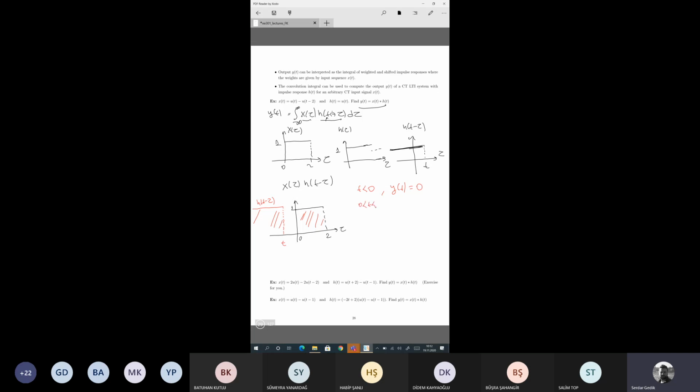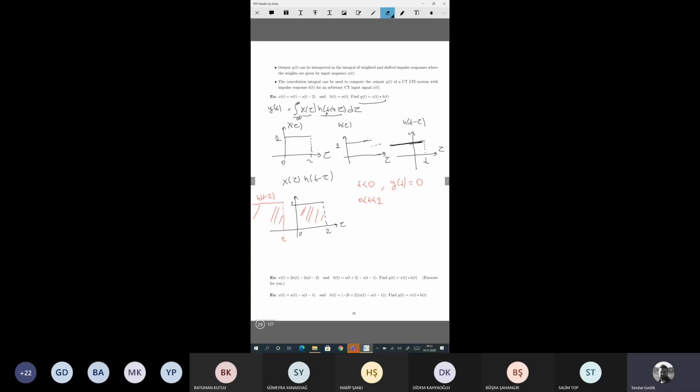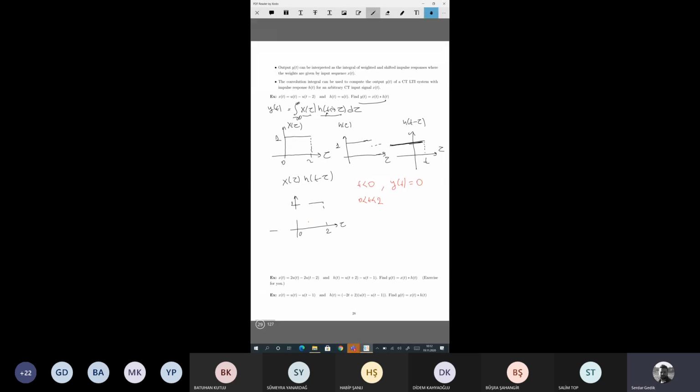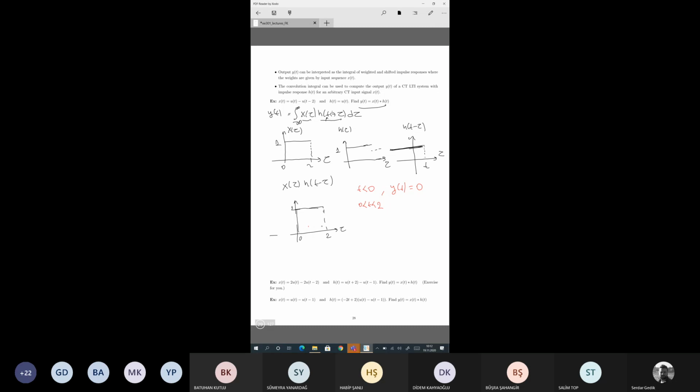If t is in the interval from 0 to 2, then it means that this is a number from 0 to 2.